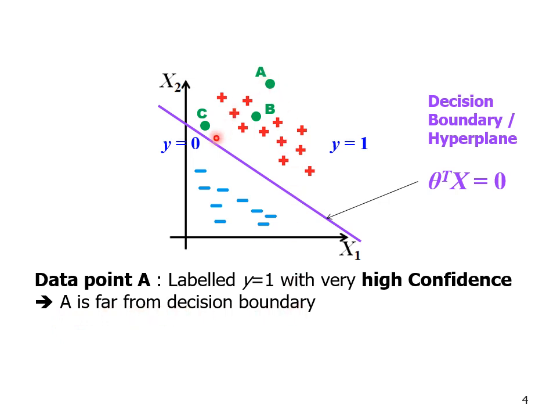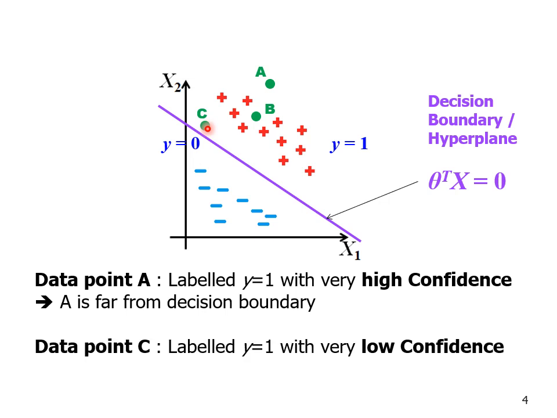And now conversely, look at this data point C. This data point C is very close to the decision boundary, and while it's on the side of the decision boundary on which we would predict y equal to 1, it seems likely that just a small shift or a small change to the decision boundary could easily have caused our prediction to be y equal to 0.